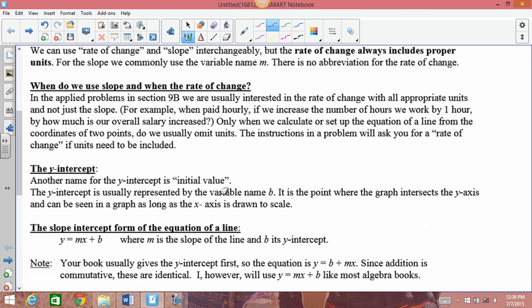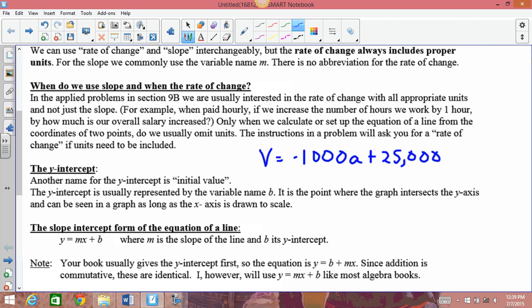Back down here to y-intercept. If you recall in the previous section, I gave you this formula: V equals negative 1,000 A plus 25,000. In that last section, we were talking about our independent and dependent variables, where the value of the car was dependent upon the age of the car. We were mostly concerned with which is x and which is y.